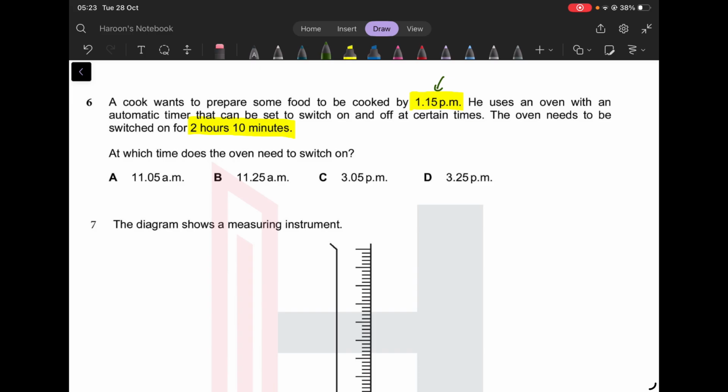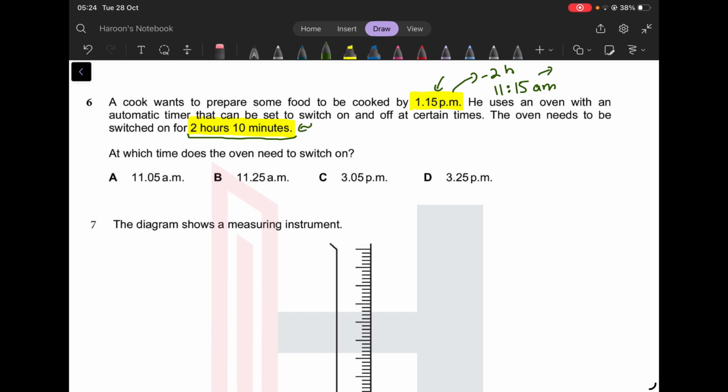So the total preparation time is 2 hours and 10 minutes. So we need to go back 2 hours and 10 minutes starting from this. When we go back 2 hours, so basically minus 2 hours, we'll get 11:15, and it should be AM because this is 1:15 p.m. So we'll have 11:15 a.m. But we need to go back 10 more minutes, because the preparation time is not only 2 hours.